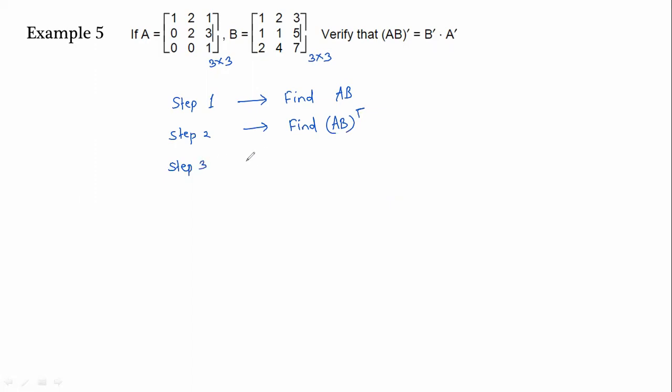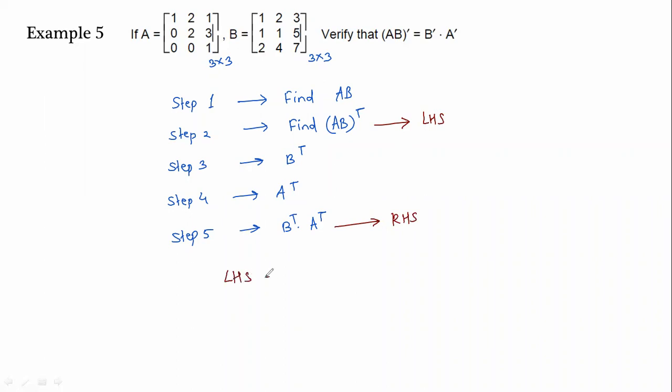Step number 3, write B transpose. Step number 4, write down A transpose. In step number 5, do the multiplication of B transpose into A transpose. So this will be your LHS, and this part is going to be your RHS, and please verify whether you are getting this relation or not.